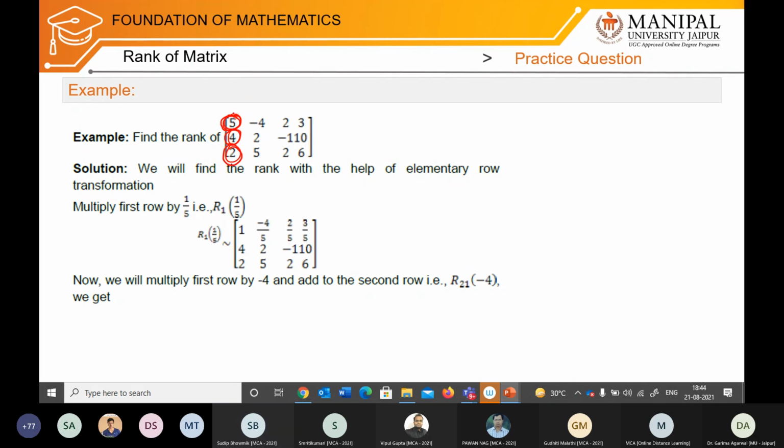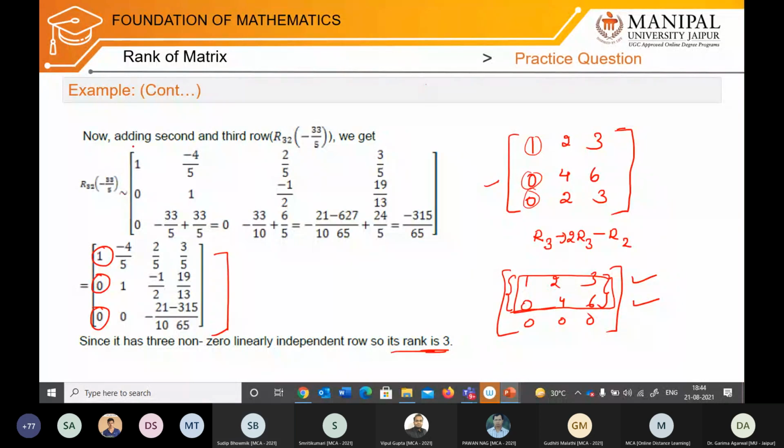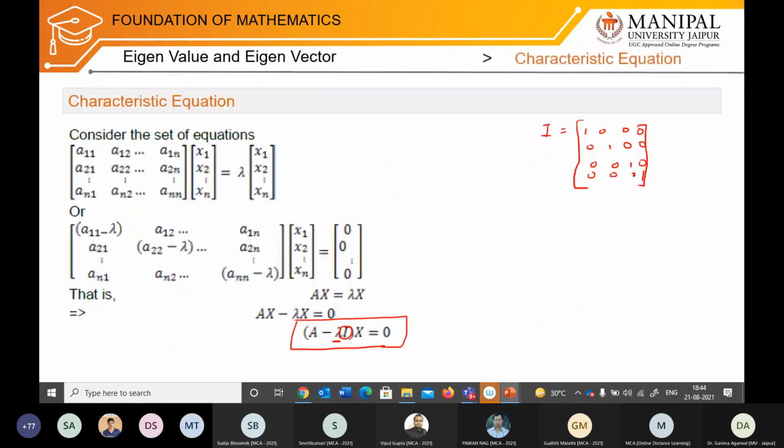If you are using column transformation, convert this element into 1 and convert these elements into 0. This is your initial strategy, right? After that, if you reach a matrix like that, you can easily understand what transformation further should be applied to get the rank.